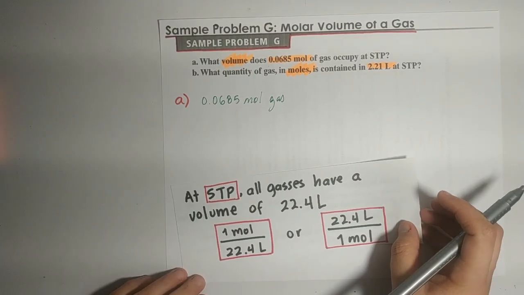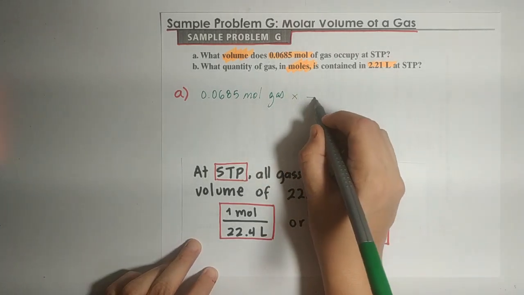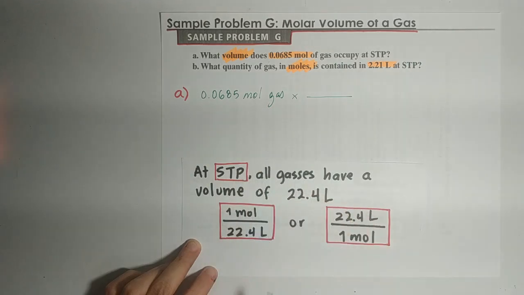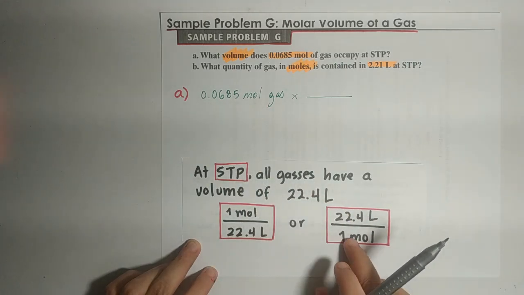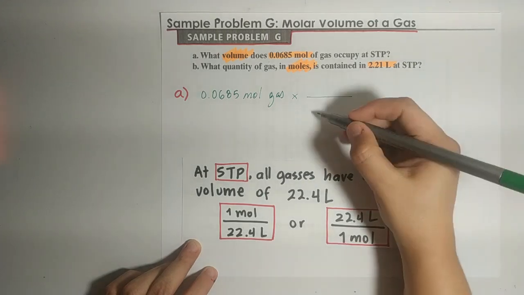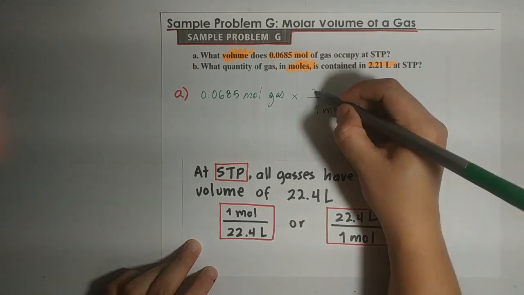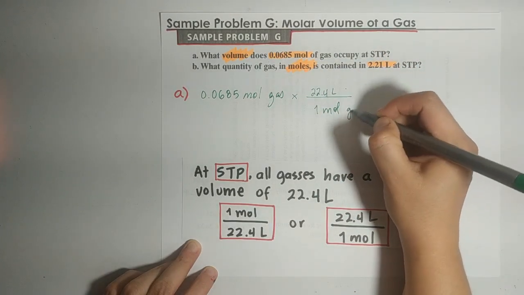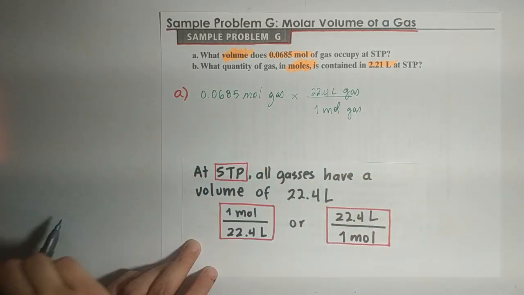Remember that sometimes we can use this as a conversion factor. Now, as I have moles here in the top, I will use the second because moles is in the bottom. So I know that in 1 mole, I have 22.4 liters of the same gas. Okay, now I can cancel.